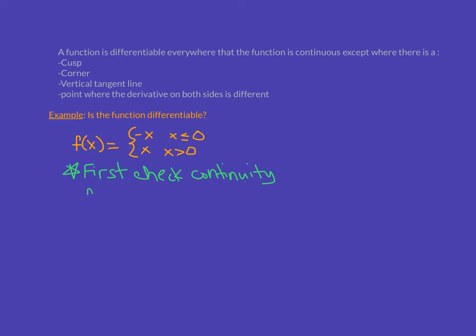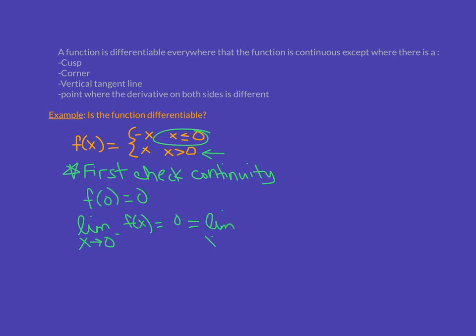So first of all, we need to make sure that f of 0 exists. And yes, it does. If we look at that, it gives us 0. We need to make sure that the limit exists. So the limit as x approaches 0 from the left is going to be 0. That's the one that we just checked. This is going to be the right one right here.